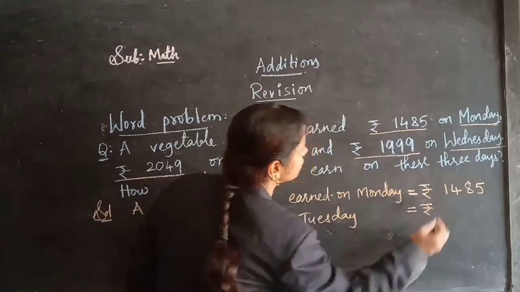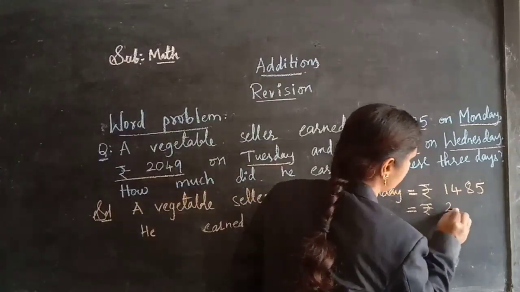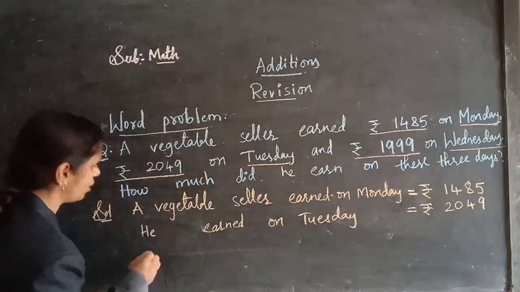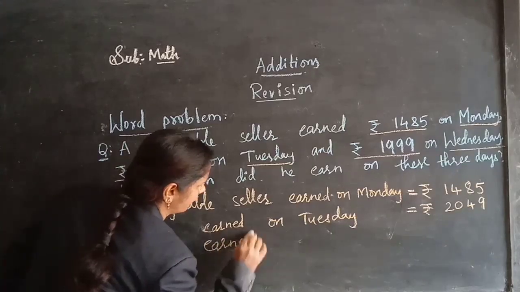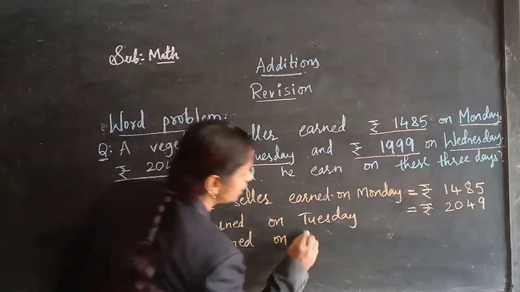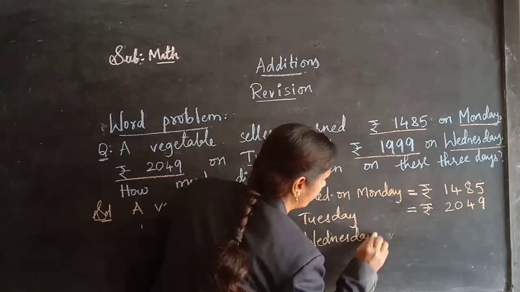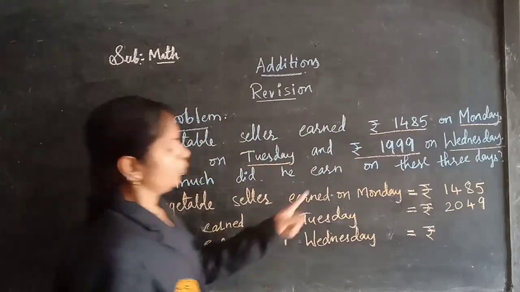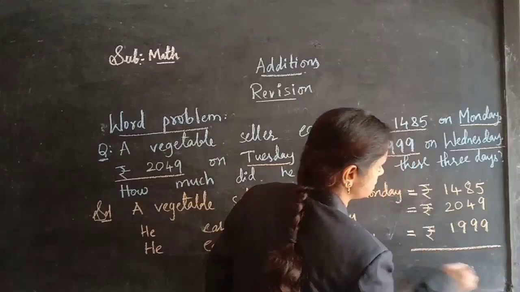How much did he earn on Tuesday here? 2,049 rupees. Now he earned on Wednesday. So how much did he earn on Wednesday here? 1,999 rupees.